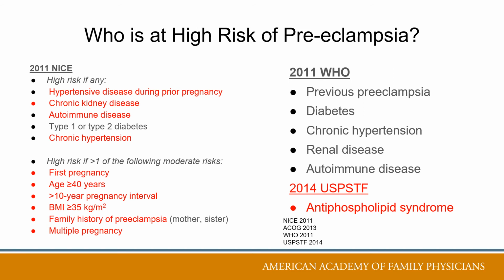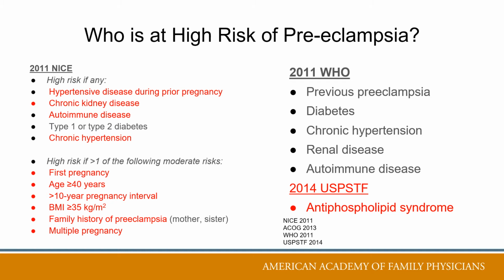So who's at high risk for preeclampsia? Well, it depends upon what guideline you use. The NICE guidelines determine that high risk is considered those with hypertensive disease during or prior to pregnancy, chronic kidney disease, autoimmune disease, type 1 or type 2 diabetes, chronic hypertension.